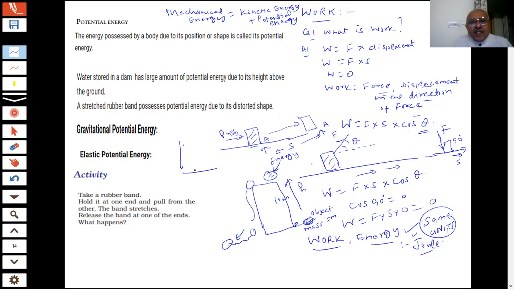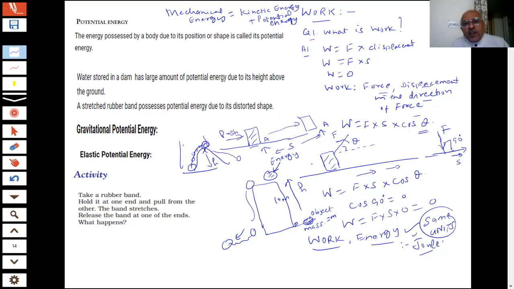For example, consider this is a mountain, and this is a ball here. I move the ball to the top, to a height h, students. What happens? The ball is moving, so it has kinetic energy. Once it reaches the top, it has stored energy now, and it can fall.